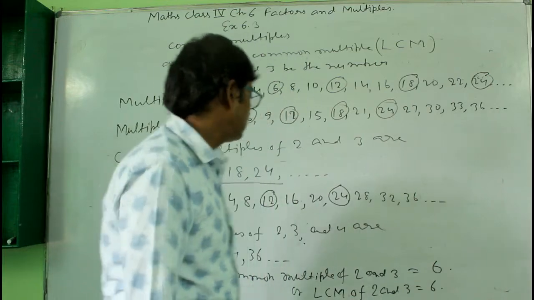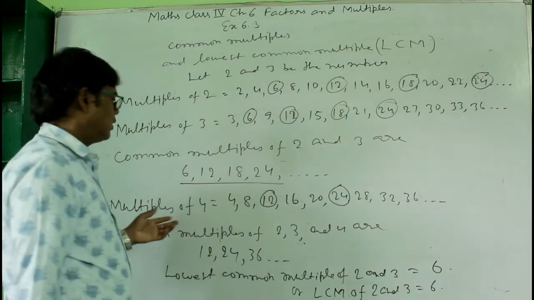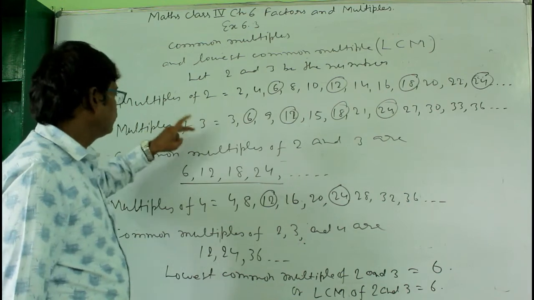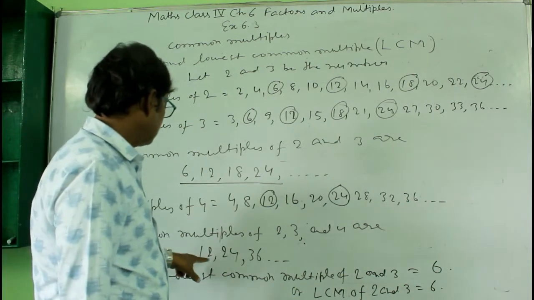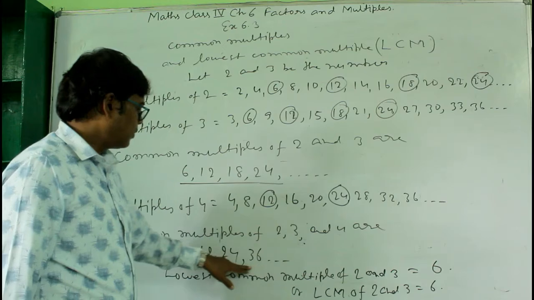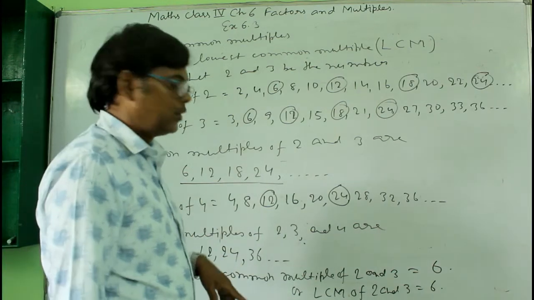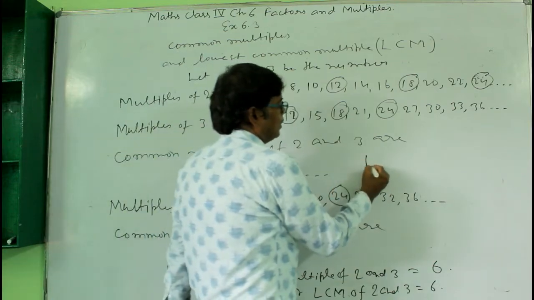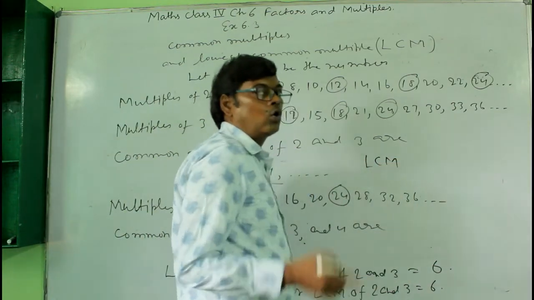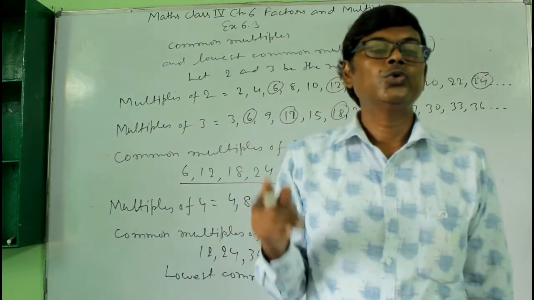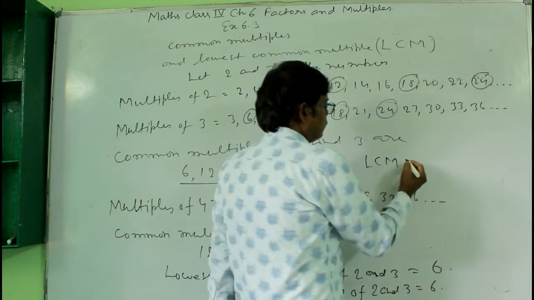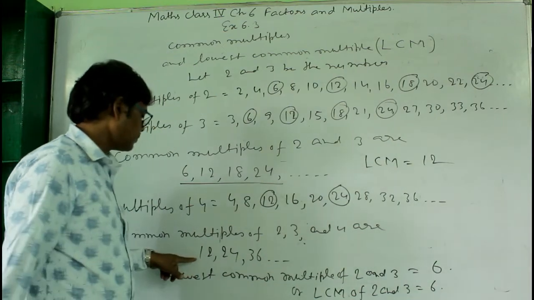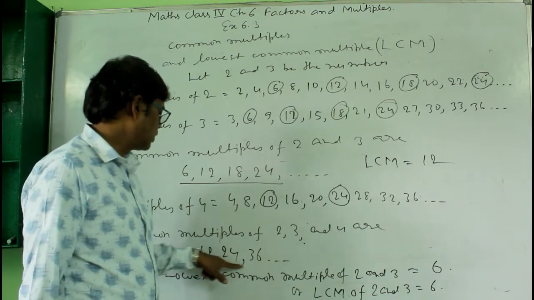is 6. But if we include this also, like the common multiples of 2, 3 and 4, तो क्या हो जाएगा इसमें? Here these are the common multiples of 2, 3 and 4. So if you write the LCM, that is the lowest common multiple of 2, 3 and 4, then it will be 12, because in these numbers the smallest number is 12.